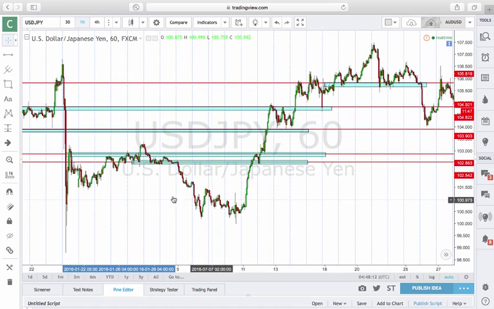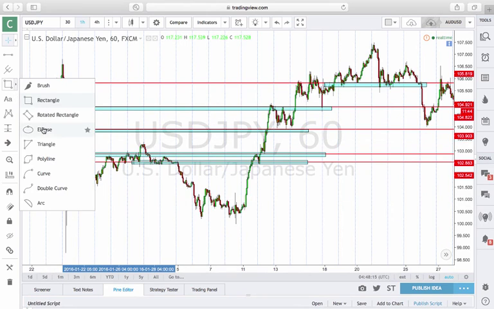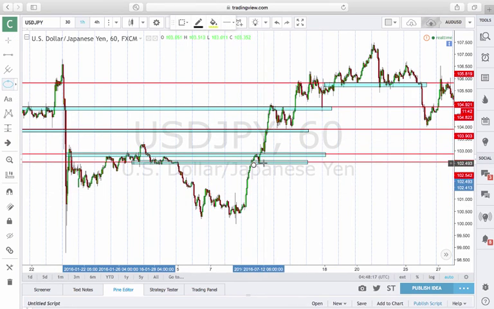Now, we utilize these price reversal zones just as a visual reference, but look closely, guys. You can see how price reversed in every single one of these price reversal zones, because you're waiting for price to test it.